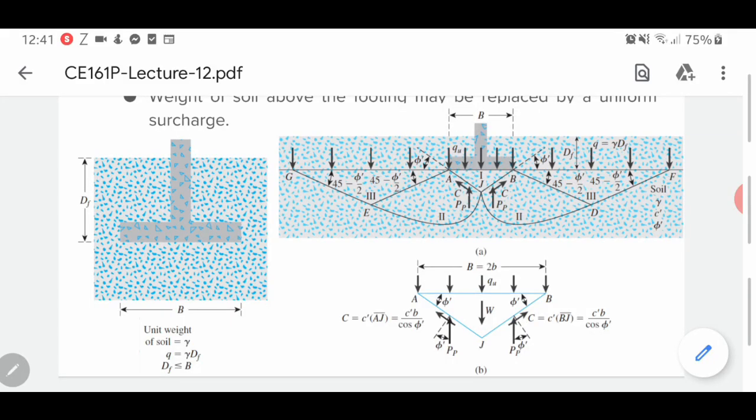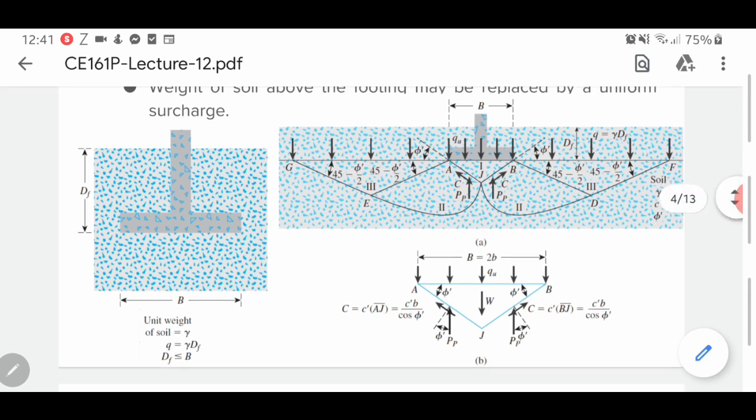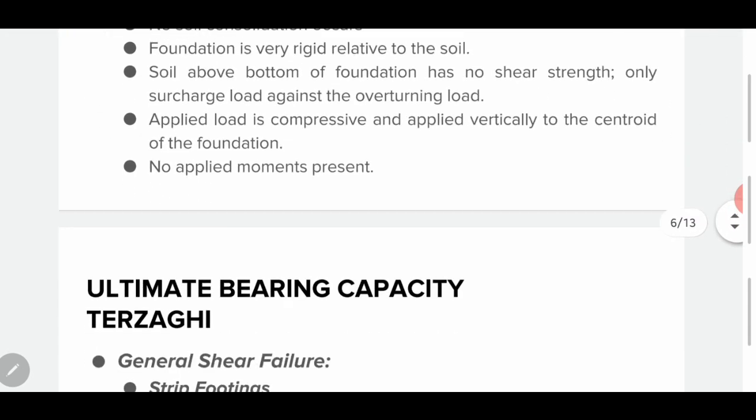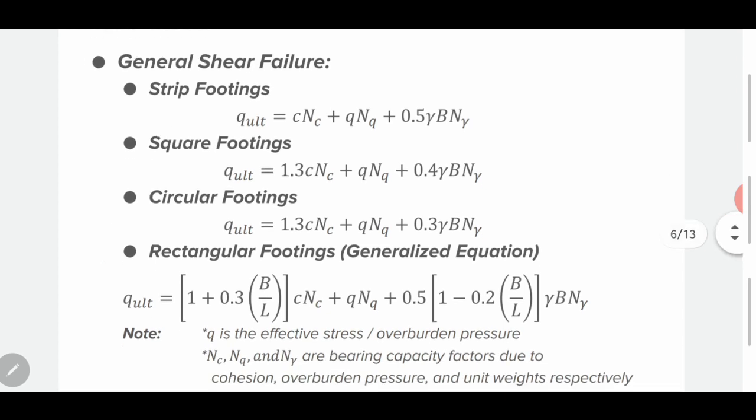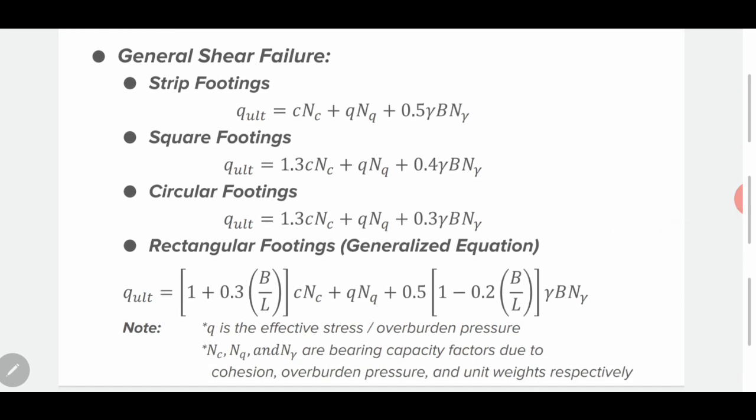So let me just give you the derived formula for general shear failure. These are Terzaghi's bearing capacity formulas for general shear failure. The first formula is for strip footings.